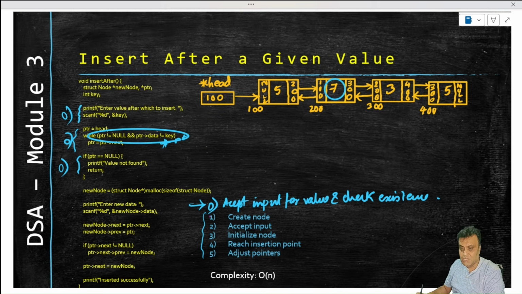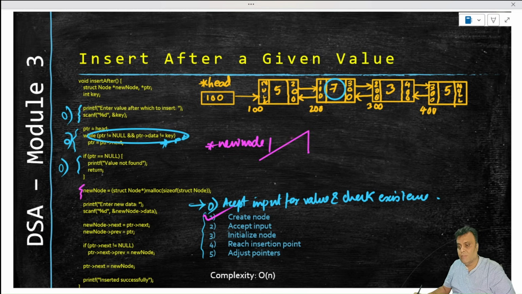So we do a malloc. It creates a pointer called new node. The pointer points to, let's say, 500, and 500 is the area of memory that malloc has created for us.